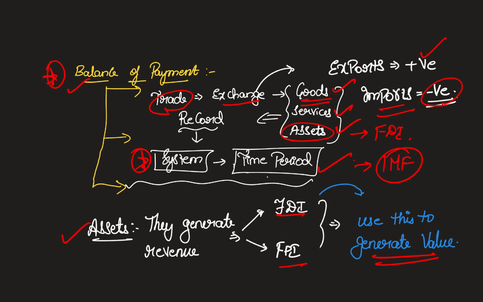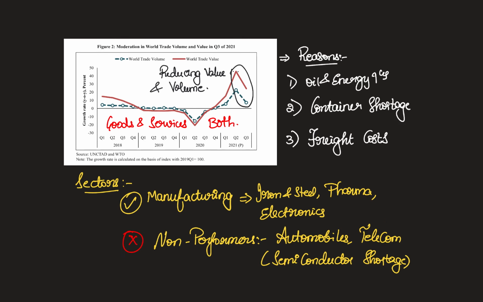Let us understand. In this figure, you have to understand what do you mean by volume and what do you mean by value. Let's say a country wants to earn 100 rupees. India wants to earn 100 rupees. It can earn this 100 rupees either by exporting 100 hairpins or one expensive phone.